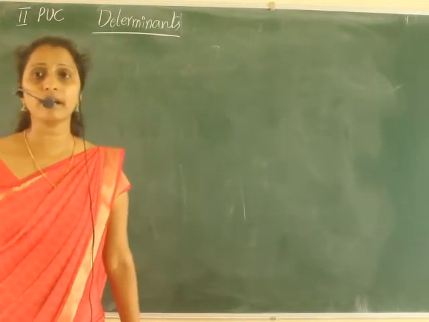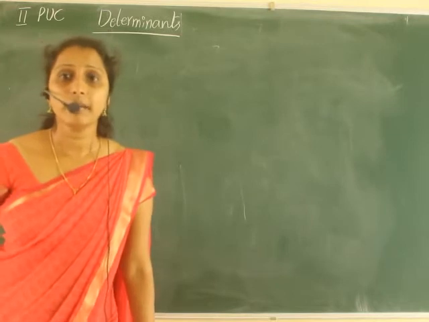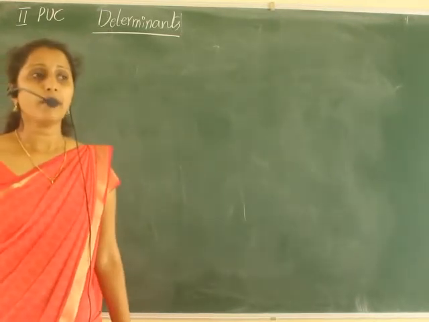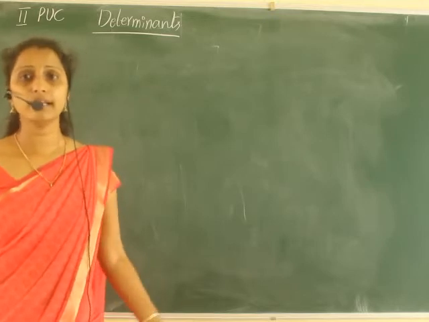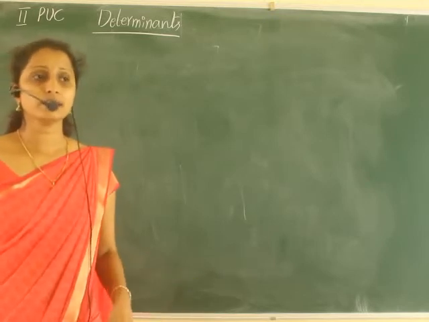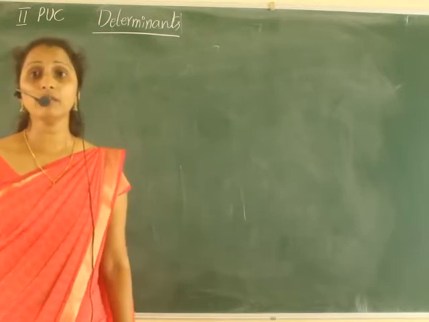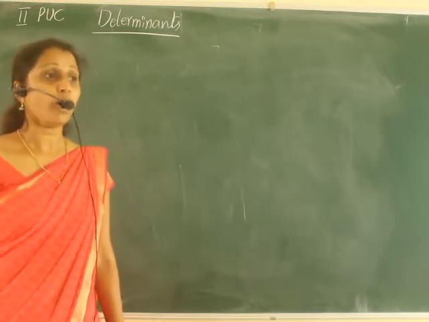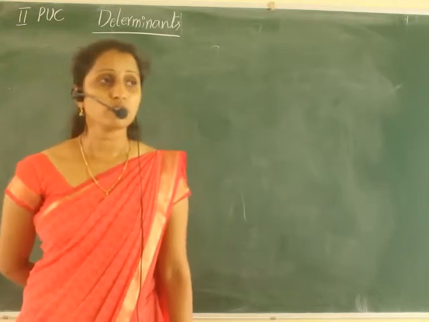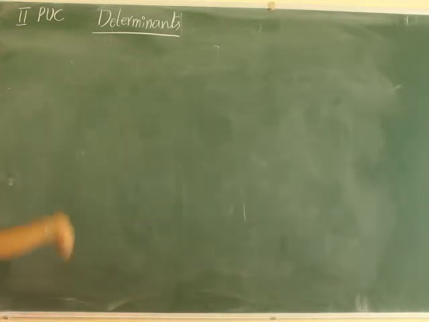Since it must be a square matrix, we can go for a matrix of order 1 by 1, 2 by 2, 3 by 3, 4 by 4, 5 by 5. One by one we will calculate how to find the determinant of different orders. So first is the determinant of order 1.